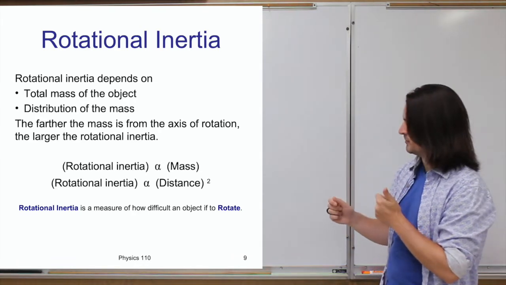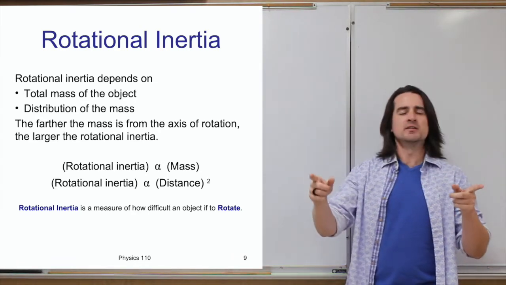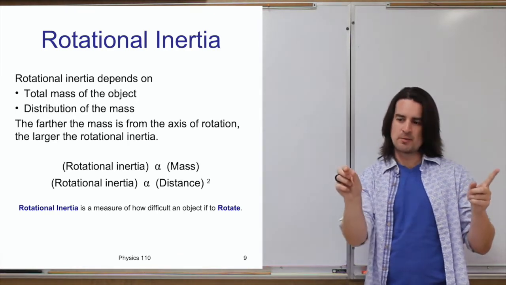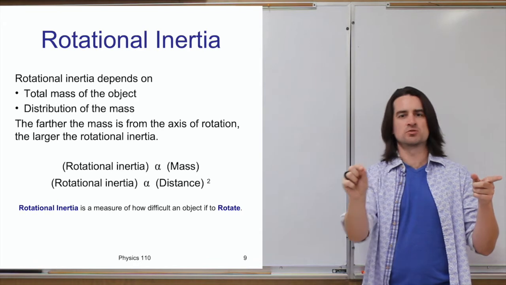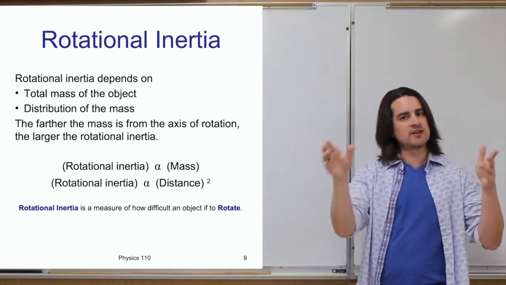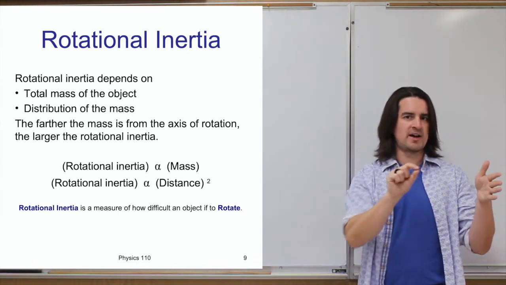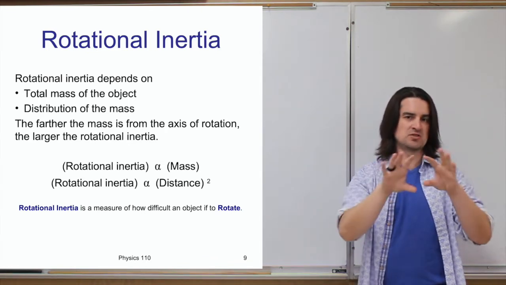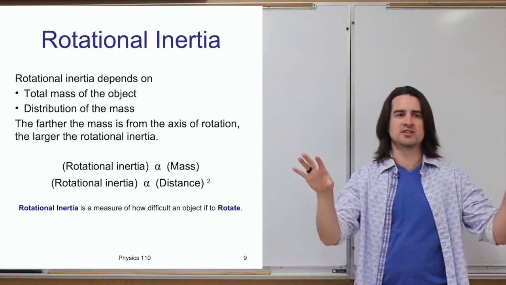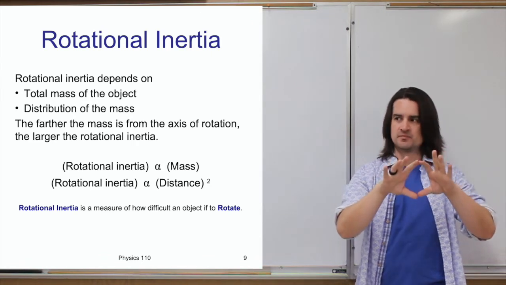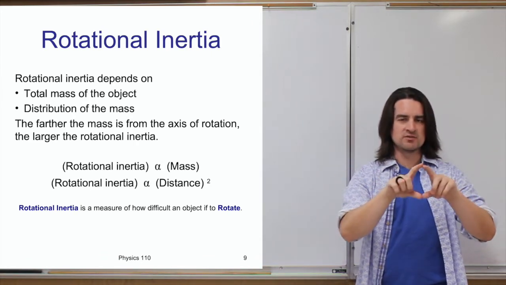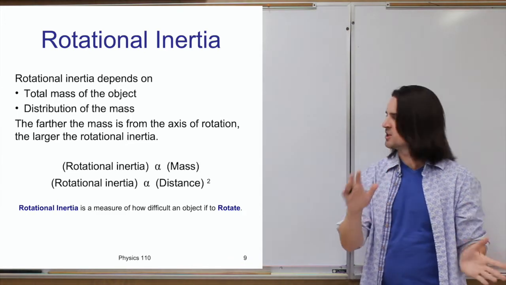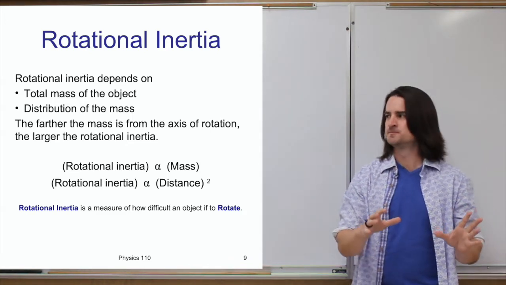So that bat has a certain rotational inertia about the axis in that picture that was through the handle. If I try to get it to rotate about the center of the bat, then the mass is distributed differently around the axis. It's actually more uniformly distributed around the axis now, and it's going to have a different rotational inertia. So you can start to see why, when we talk about rotation, it's always a little bit more complicated.